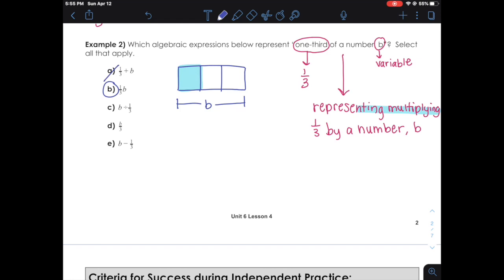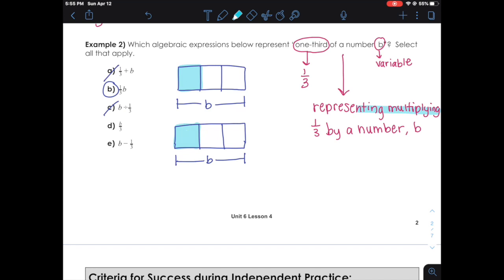Okay, let's continue with our choices. C, b divided by 1/3. This is incorrect. We're not dividing by a third. D, b divided by 3. Well, let's draw that out for a second. If I divide b, which is the length of this tape diagram, into 3 sections, that would tell me how much is in one section.